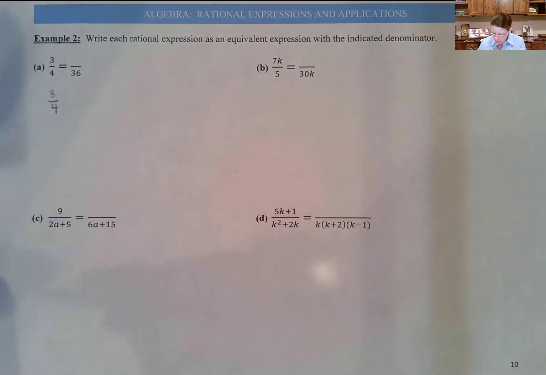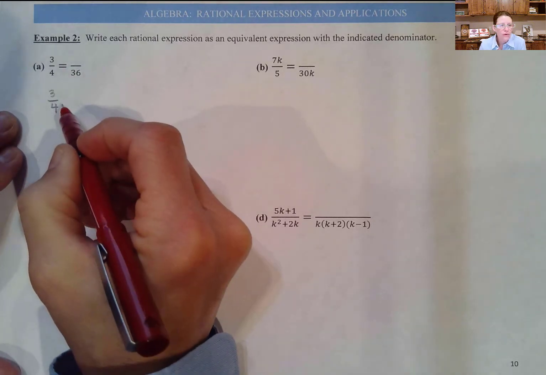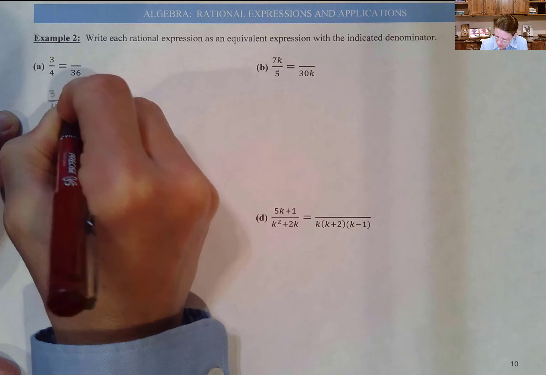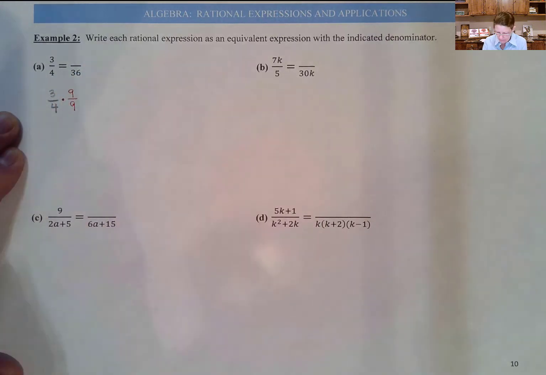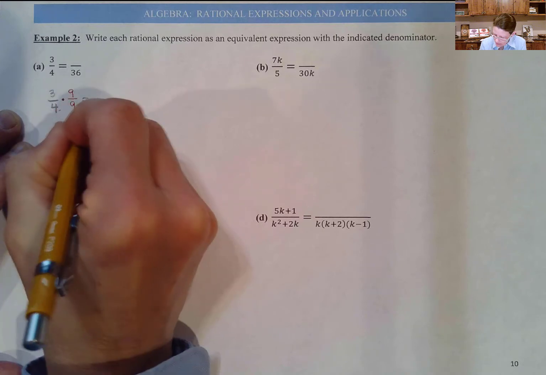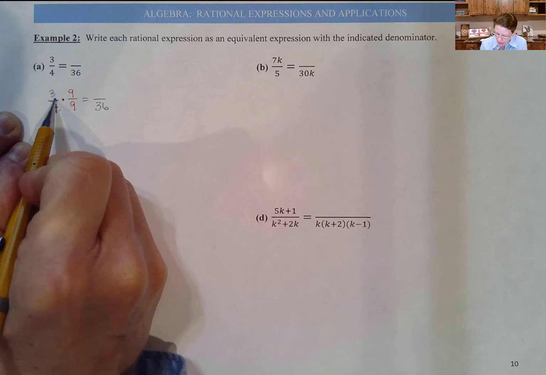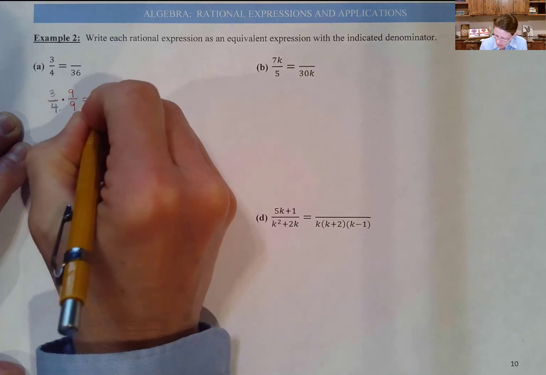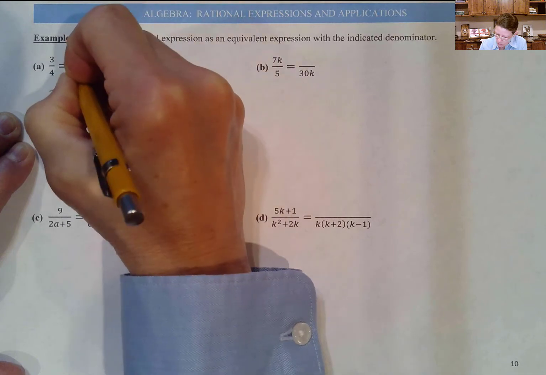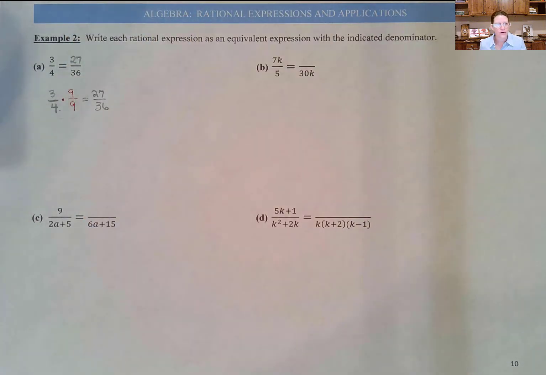In other words, we're going to multiply 3/4 by 1, in this case in the form of 9 over 9. Because 4 times 9 gives the 36 that we see above. Multiply the numerator by 9 also to obtain 27. 3/4 is equal to 27 over 36.